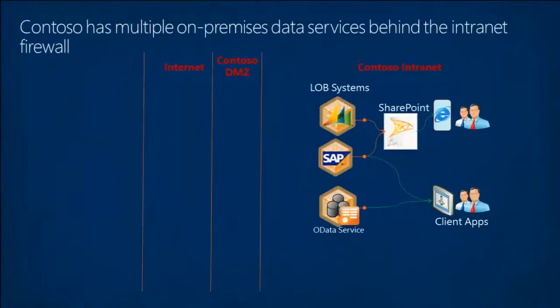So I'm going to show you a scenario, because what we found talking about this problem is that it's, I'll say, insanely complicated, and it's hard to grasp. So we found that it helps people if we put it in a picture and then walk through all the issues at the different points. So let's say that you're a company, Contoso, and you have on-premises data, and it's sitting behind your internet firewall. So that's what you have today.